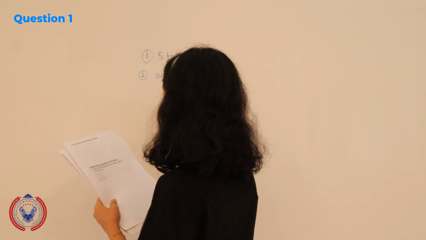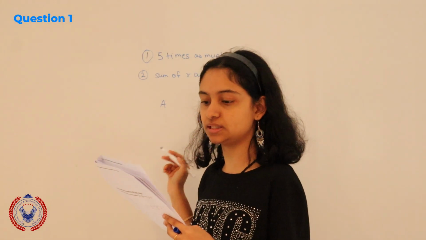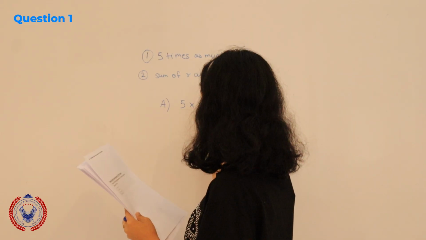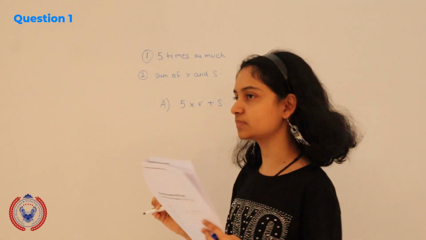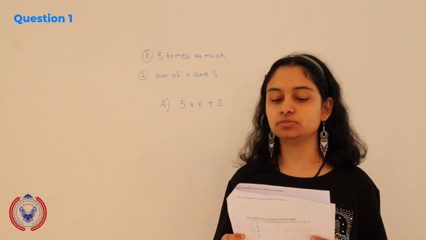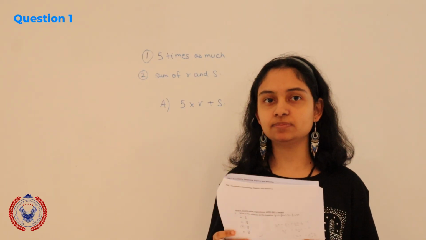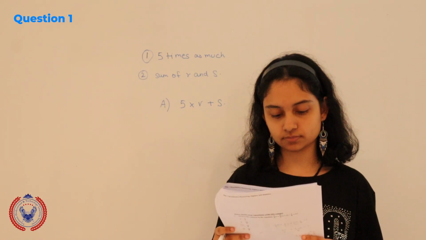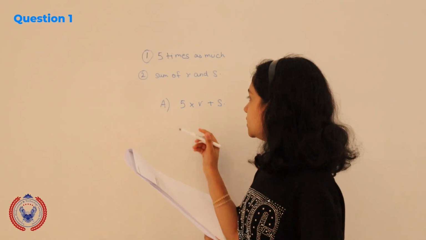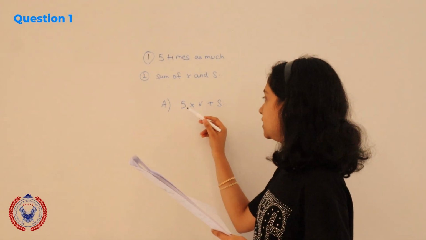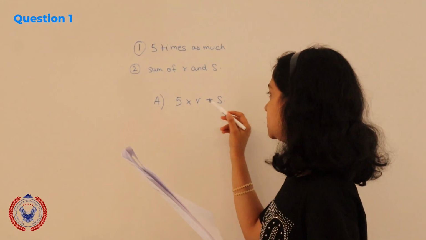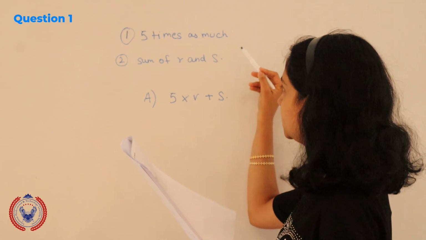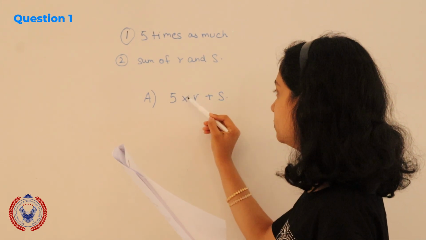So let's explore each of the answer choices. A says 5 times R plus S. I want you guys to take a moment and think about why this might be right or wrong. Coming to answer choice A, 5 times R plus S. This has all the components that we have in the first and second bullet points, but it misses something.